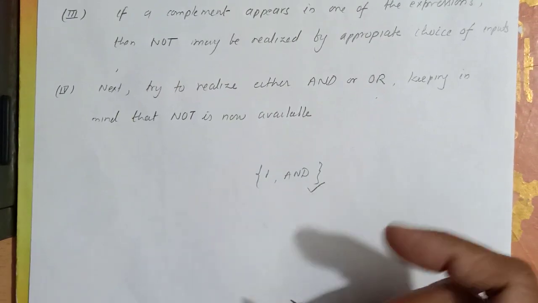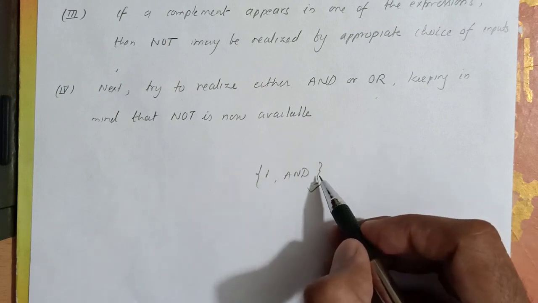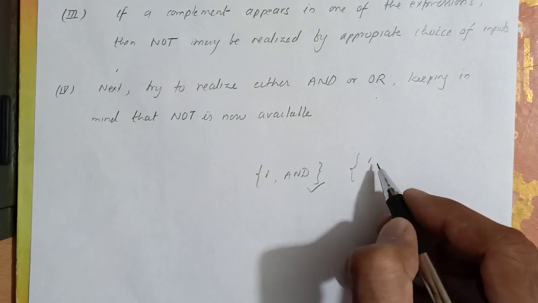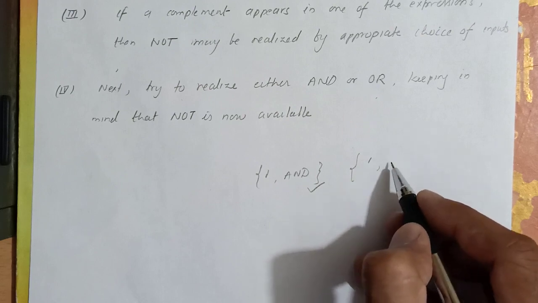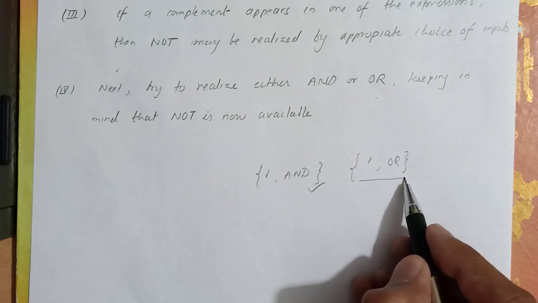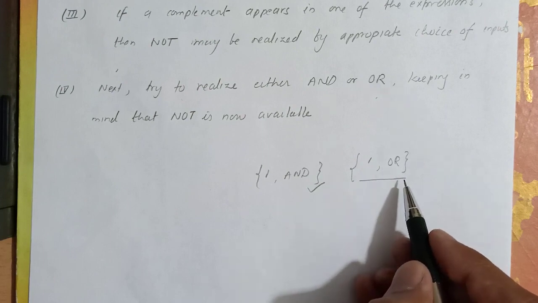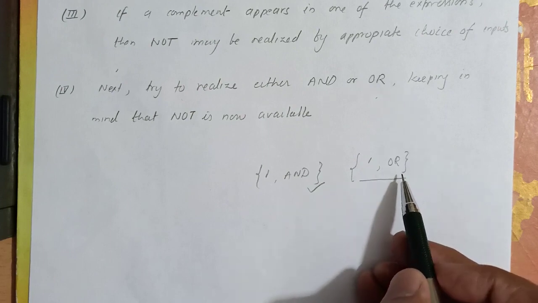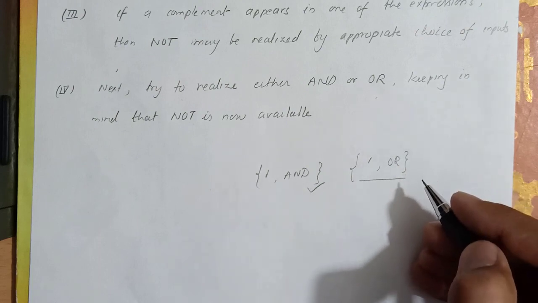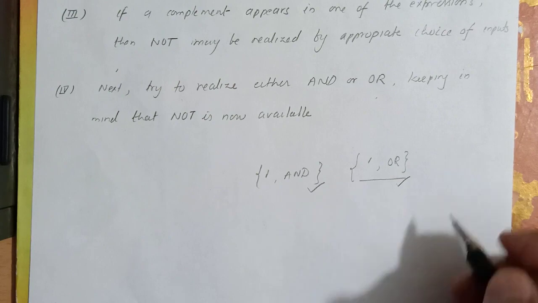So we can say that the given expression is functionally complete. Or we have realized NOT, and we try to realize the OR operation. We already know that this set is also functionally complete. So the given operation or set of operations is said to be functionally complete.